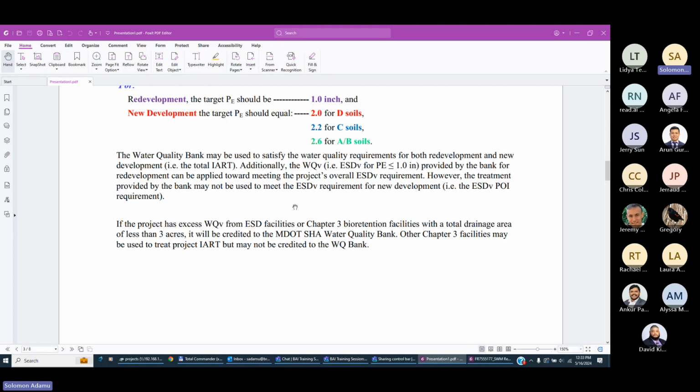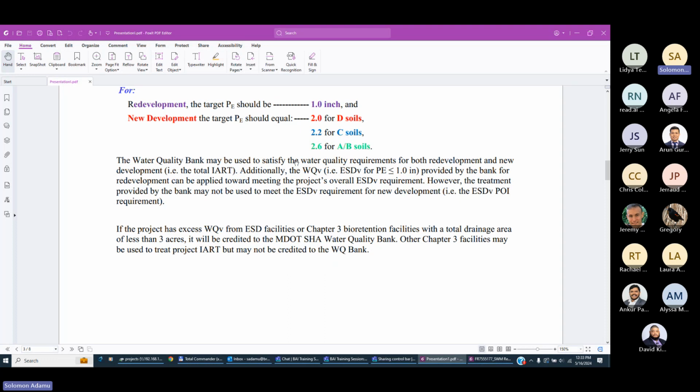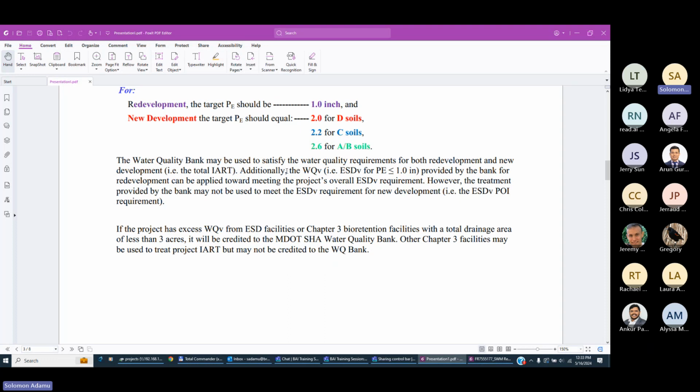Maybe if the project area has a water quality bank, and that site cannot provide any ESD practice, then they can use a debit from their bank if they have some available, and that will provide the 1 inch, because 1 inch is related to water quality volume, not ESD.